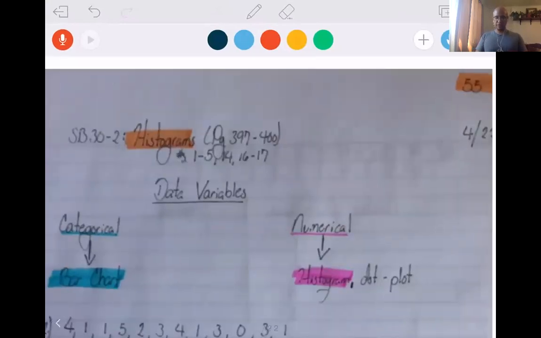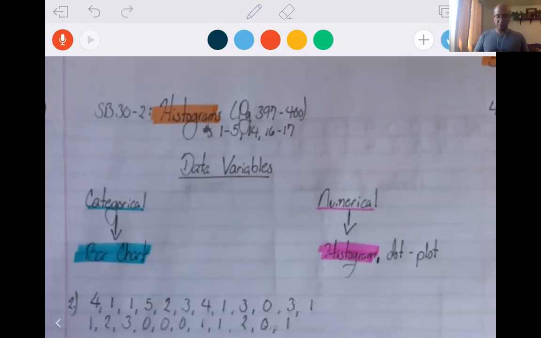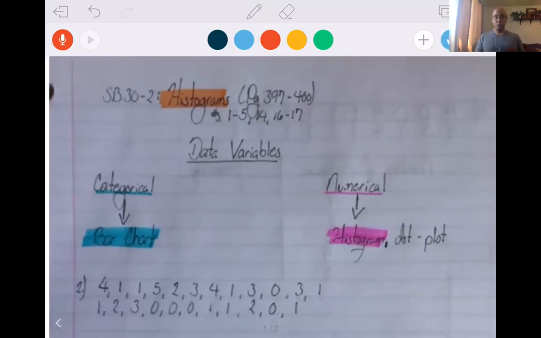We are doing histograms. This is our 55th lesson, pages 397 to 400, and numbers 1 through 5, 14, and 16 through 17. With that in mind, ladies and gentlemen, the first thing that I want to do is review the different kinds of variables that we have in statistics. Those being categorical variables and numerical variables.